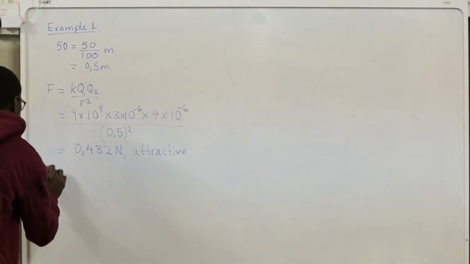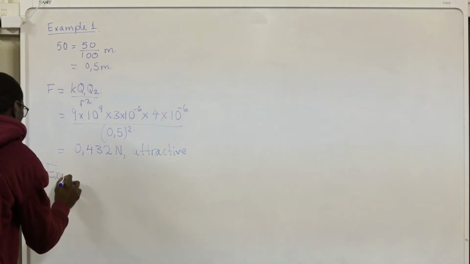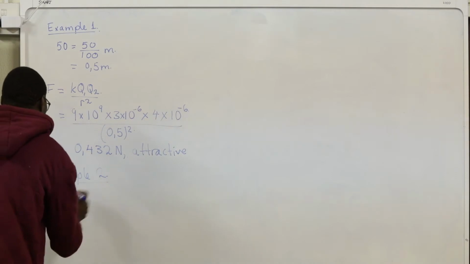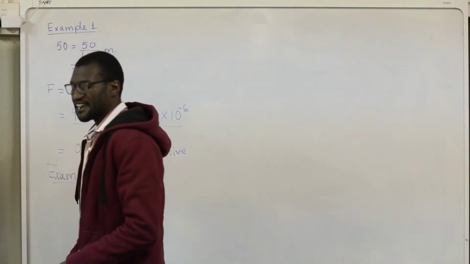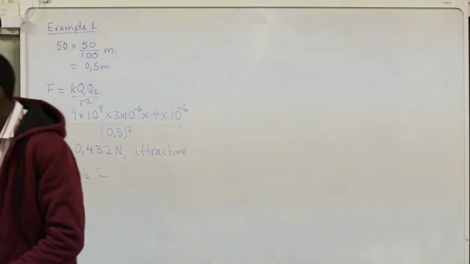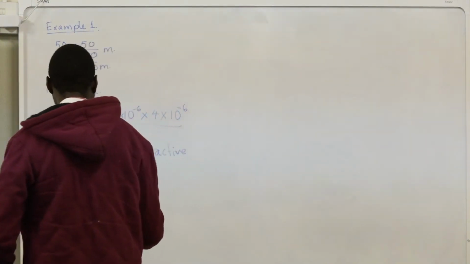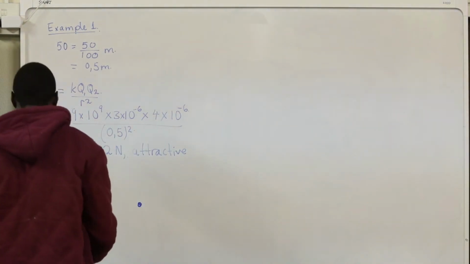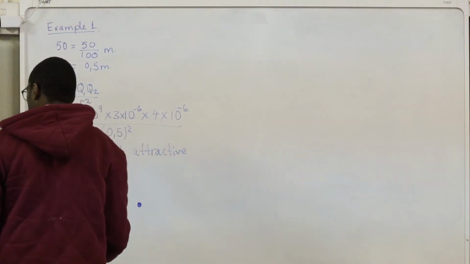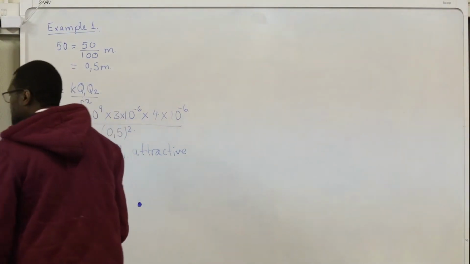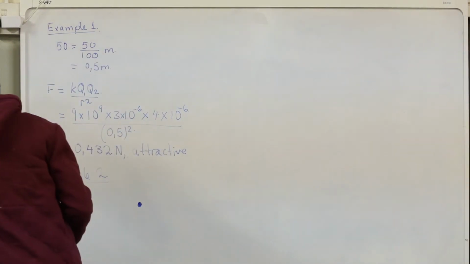So let's talk about this example number 2. I must come up with a force diagram or a free body diagram that's showing what's happening at this instance. I have got Q3 right here, represented by this blue dot in this instance. All right, that's Q3.